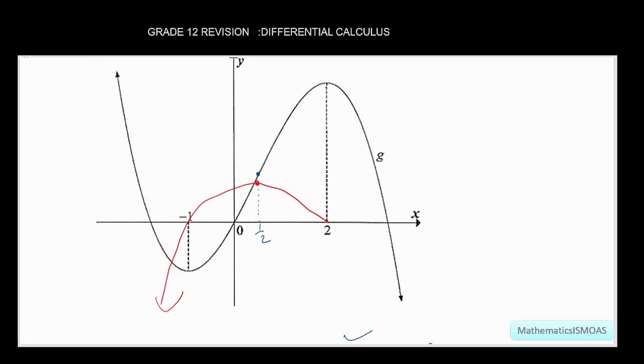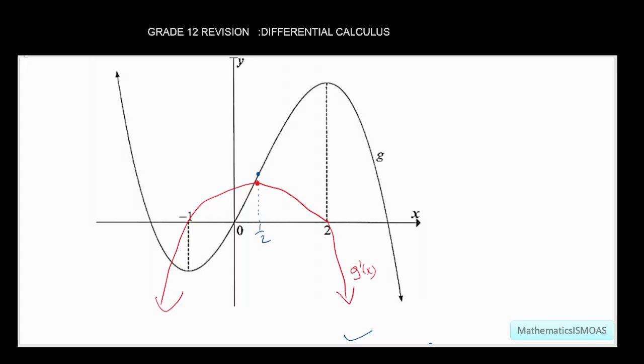Then also you see that from +2 to +infinity, our graph of g is decreasing. Therefore, again, in that interval the gradient will be negative, meaning the graph of the gradient should be on the negative y-axis. Then we say this is the graph of g prime of x.